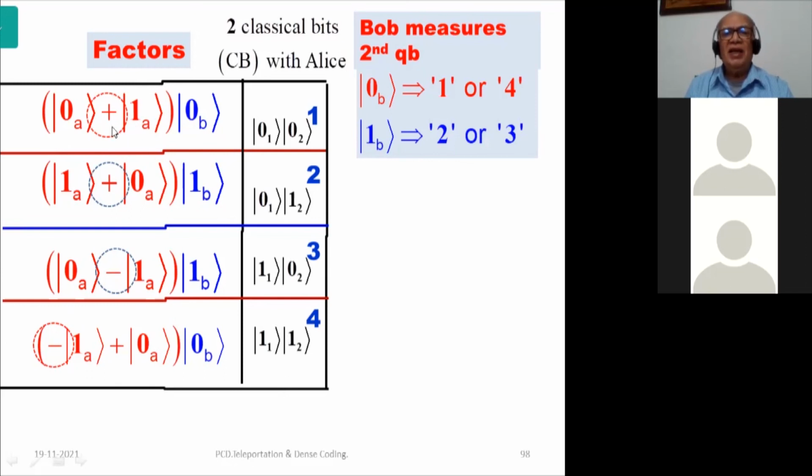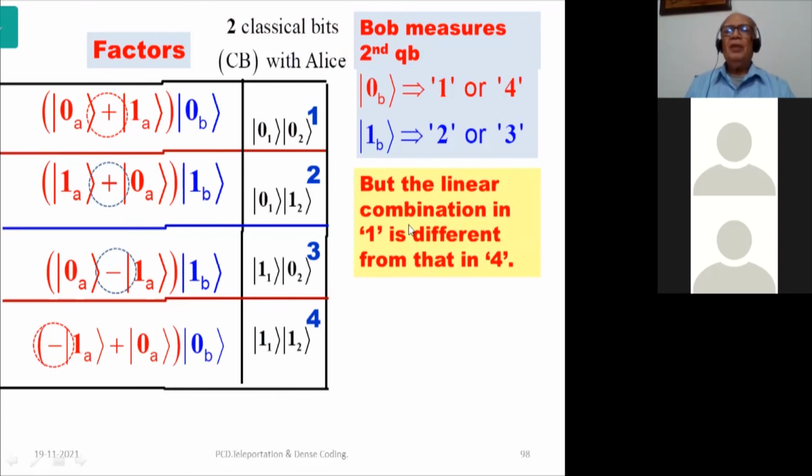Is it with a plus sign in between or a minus sign between? Essentially, these signs have to be different in this pair, because you can always pull out an overall minus sign and absorb it in the normalization. So the linear combinations in 2 and 3 are different. And likewise, the linear combinations in 1 and 4 are different.